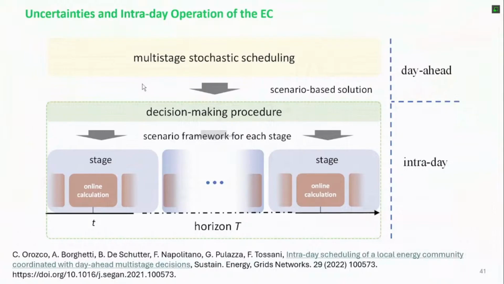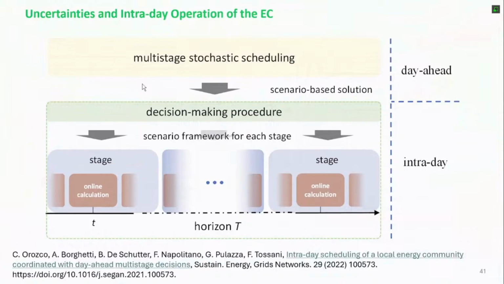So in the day ahead, we have obtained this scenario-based solution, this tree of solutions that I will show you after, and then we can also implement a rolling horizon optimization during the day.